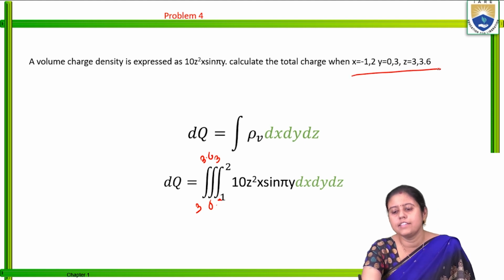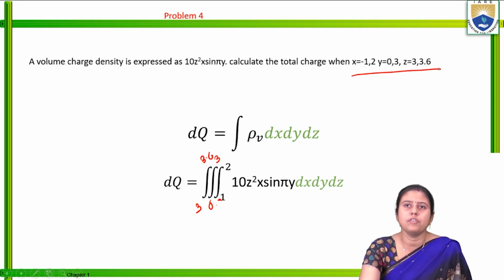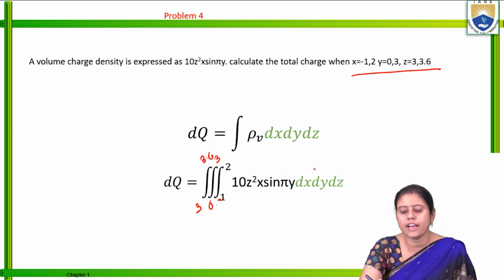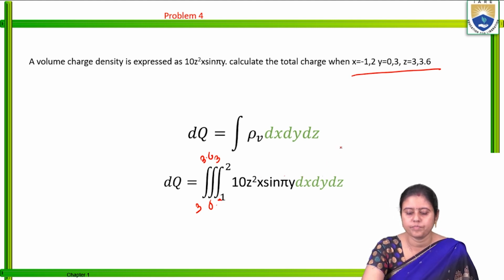We are taking this value, and the equation is 10 z square x sin pi y dx dy dz.